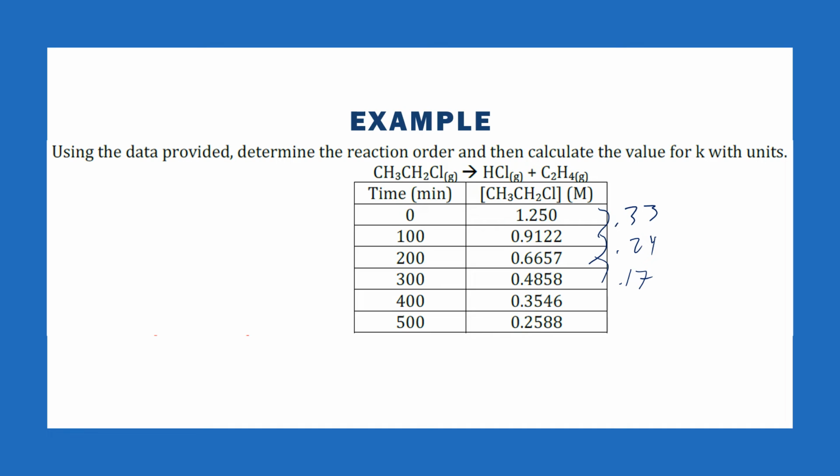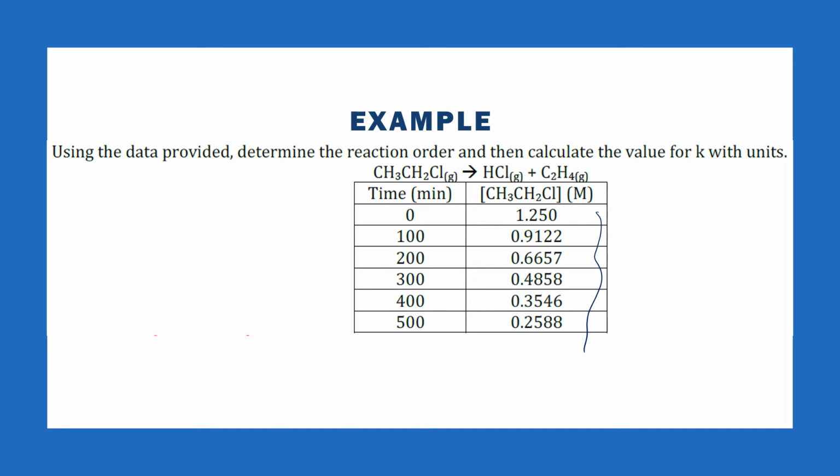And the next thing you could do is to figure out if it's first order. You could take the natural log of a couple of these values and then see if that changes consistently. Or you could see if the half-life time is consistent. In this case, we don't see anything breaking down in half in terms of amount.